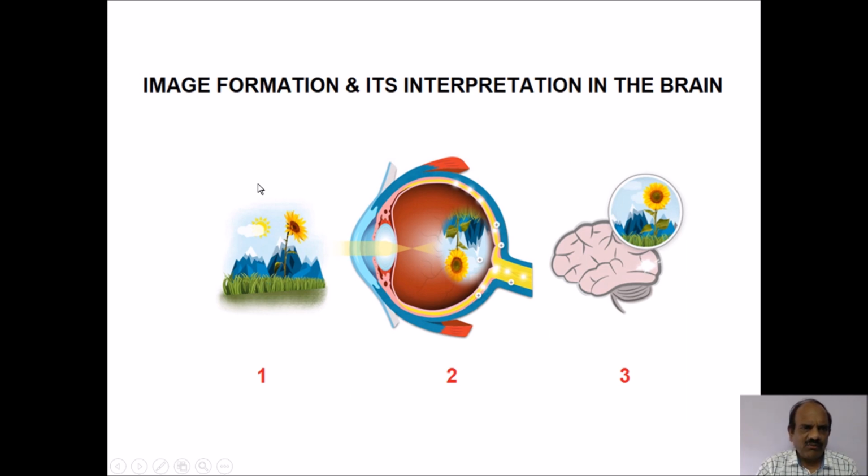Now when we observe any object, for example the object shown as number 1, its image is formed on the retinal surface, in the head down position as compared to object 1.